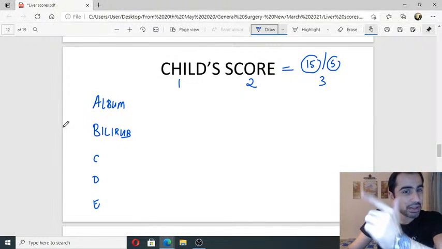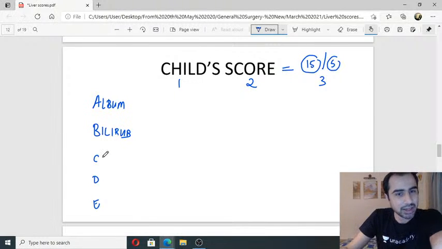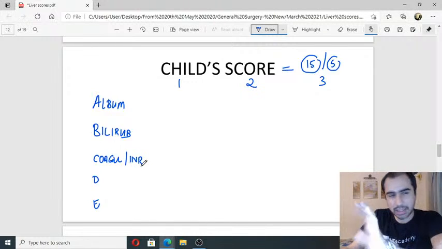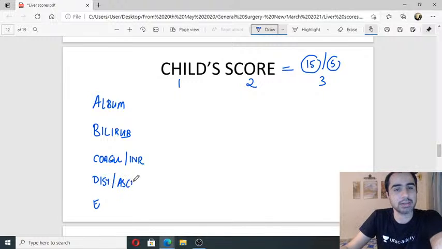Creatinine is a part of some other liver score. The C here is coagulation, okay, don't be confused. It's not creatinine, or what we can call INR or PT; I suggest use INR, easier to calculate. D is distension or ascites and E of course is encephalopathy.